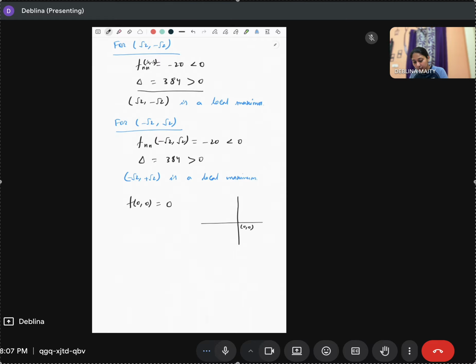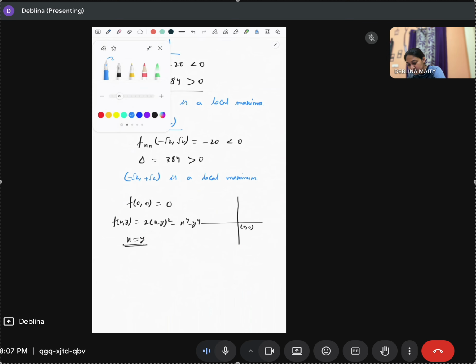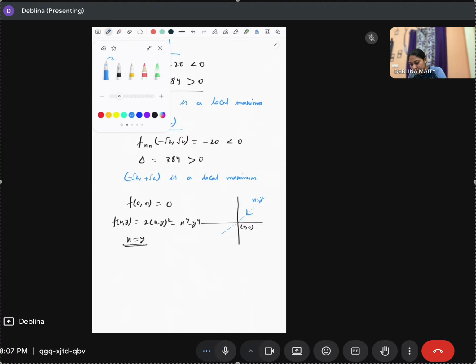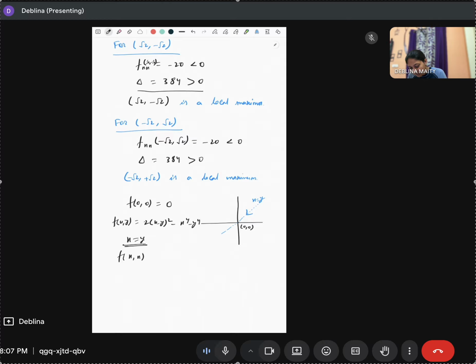Now the function was 2x minus y square minus... right? Now if we take x equals to y, this direction, if we approach 0 0, then fxx or fyy is what?